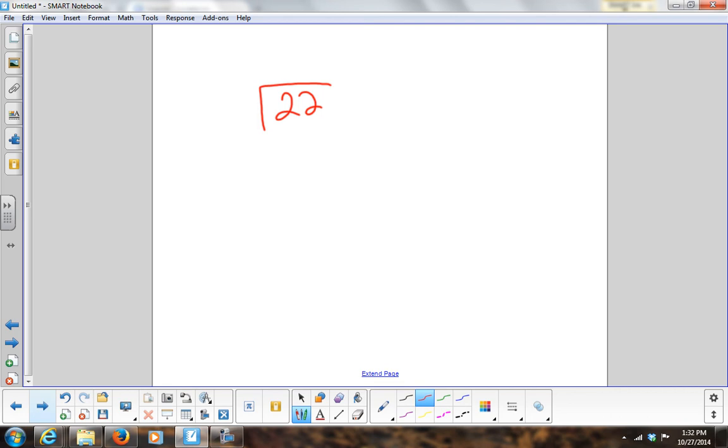Or how many in a row? What does it say? 4. Okay, so we have 4 animals in a row. Okay, what times 4 gets us close to 22? Daniel? 5. Okay, 4 times 5 is 20. Okay, I'm going to subtract 2 minus 0 is 2.